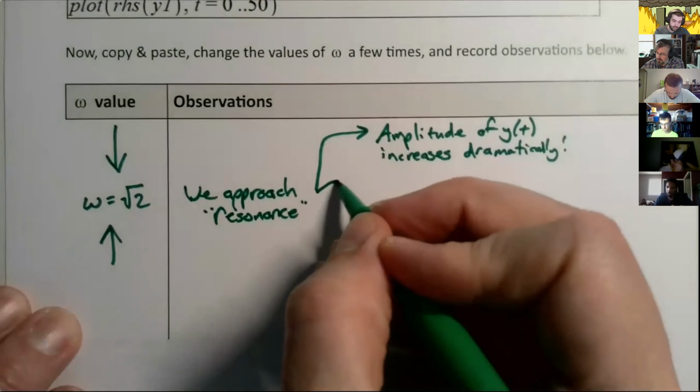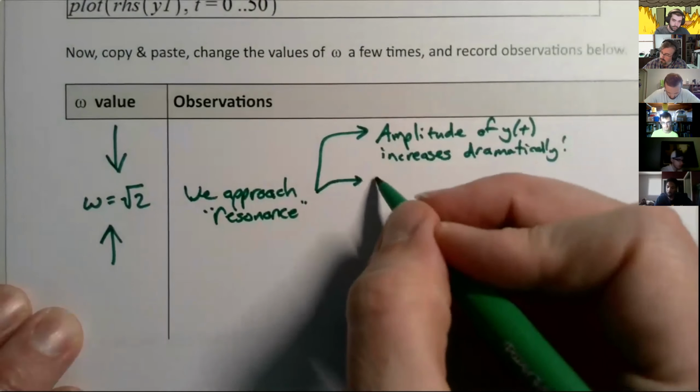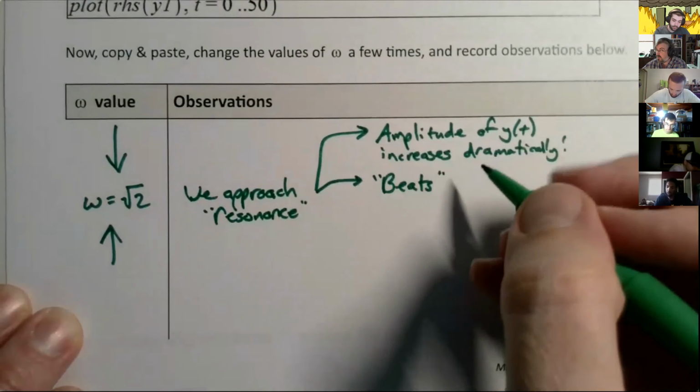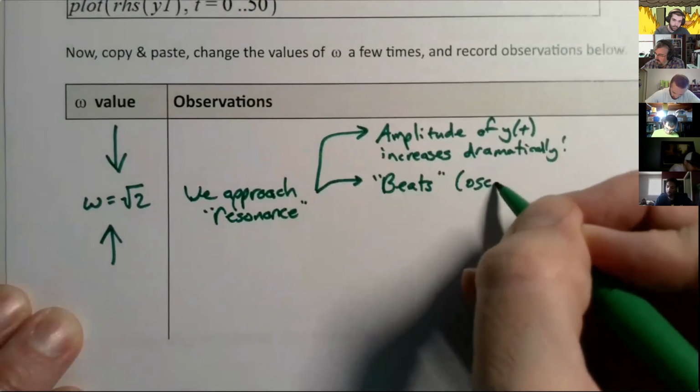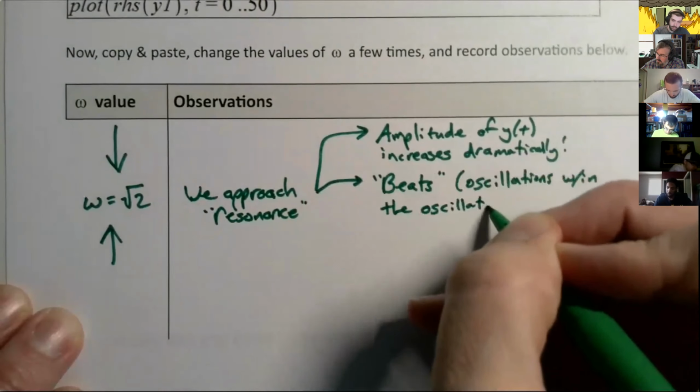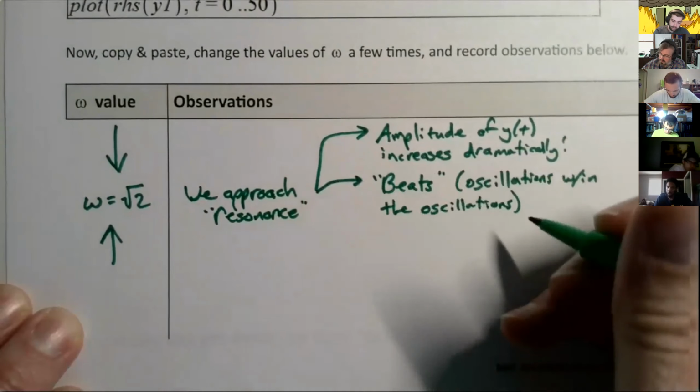Another consequence of this is that those beats, which are the oscillations within the oscillations, get longer between them, or get less frequent, you could say.